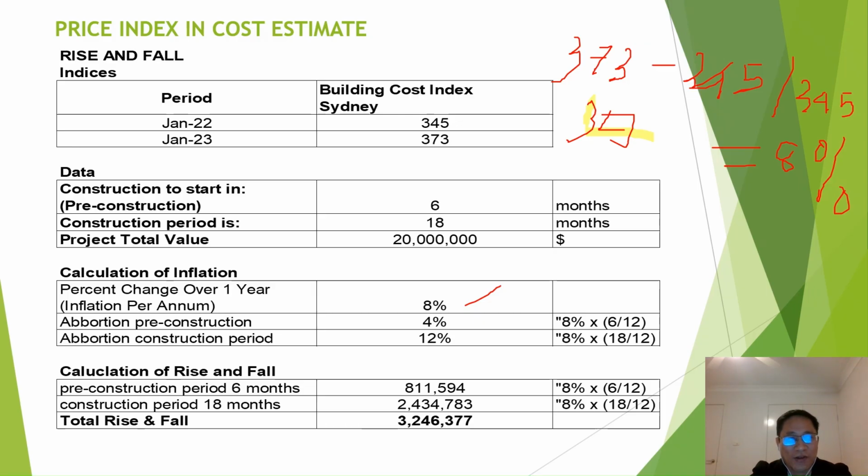Do the same for the construction period, 18 months, divided by 12 months, and 8%. See, very simple. See the general formula.